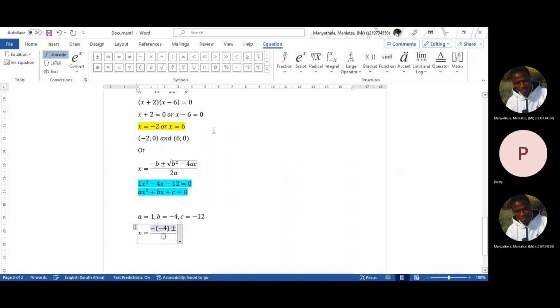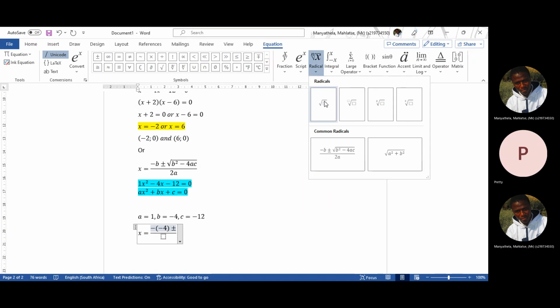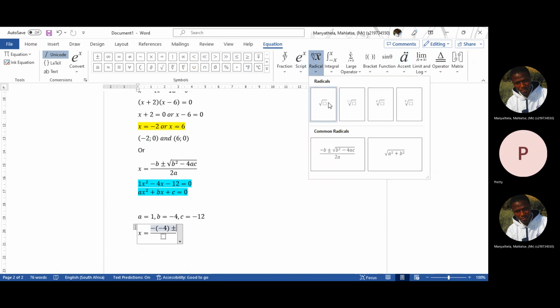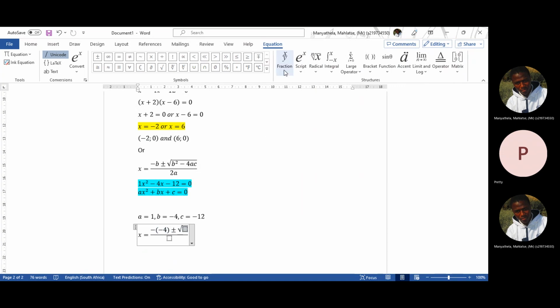Plus minus the root of, inside the square root, b squared, so negative 4 squared, minus 4 times a, which is 1, times c, which is negative 12, all over 2a.